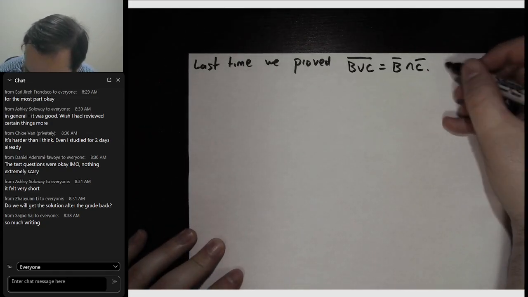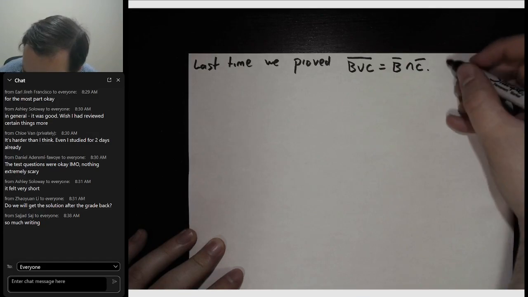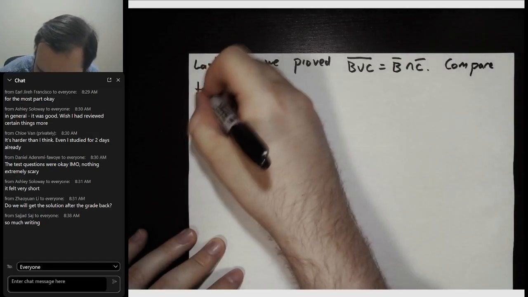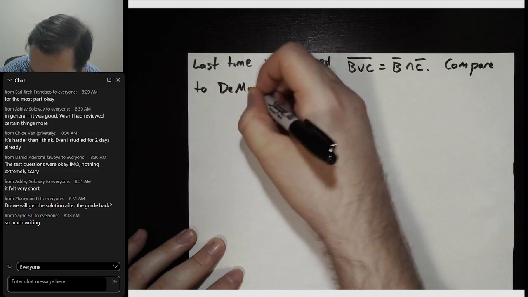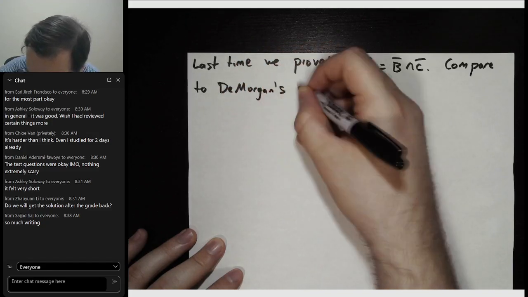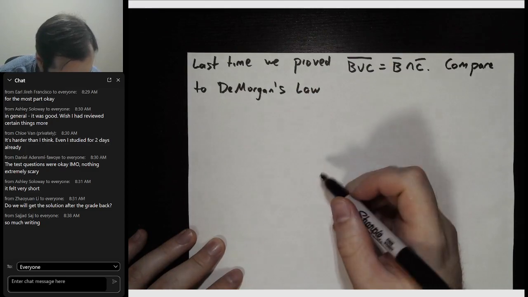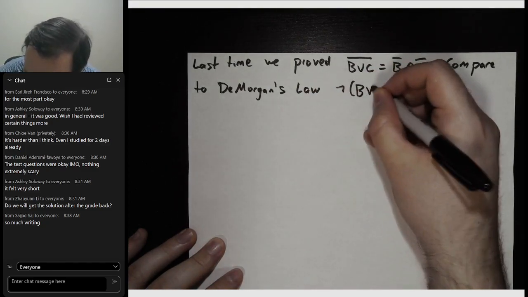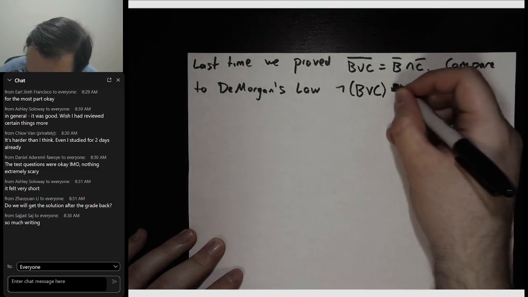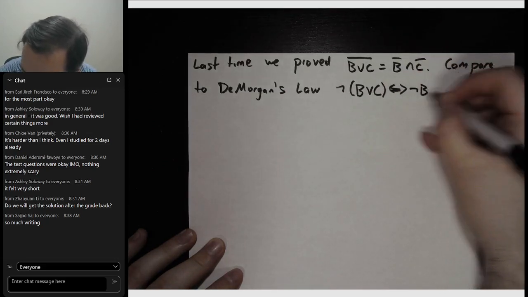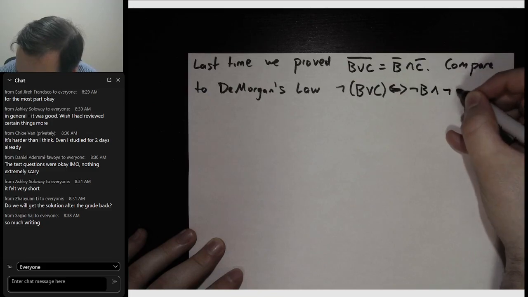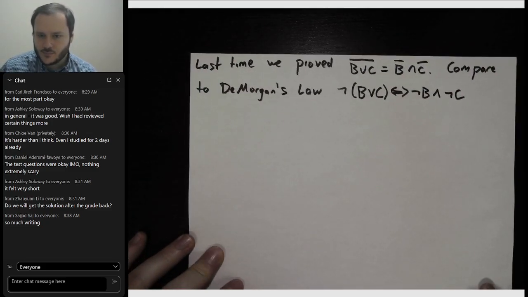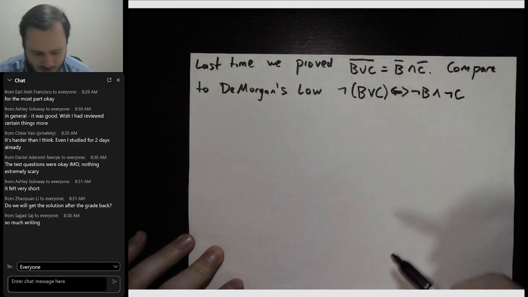And as I mentioned, this relates to De Morgan's law from logic, not (B or C) is logically equivalent to not B and not C. All right, see the parallels here.